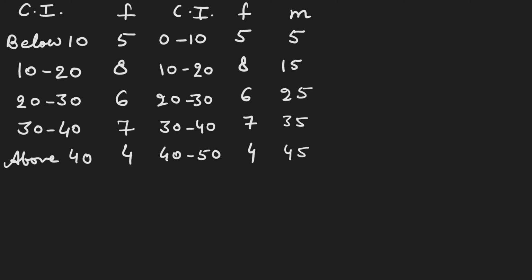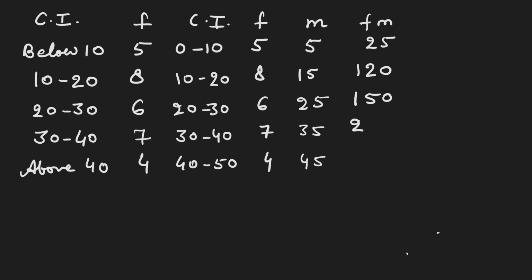Now we will multiply f with m. So fm will be 5 into 5 which is 25, 8 into 15 will be 120, then 6 into 25 will be 150, and 7 multiplied by 35 will be 245.